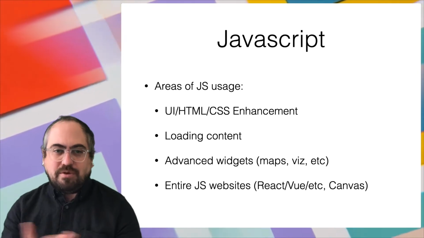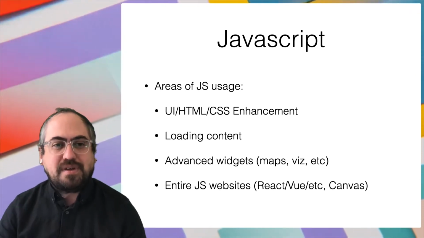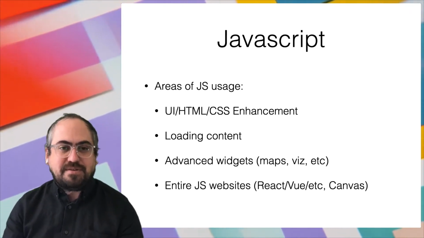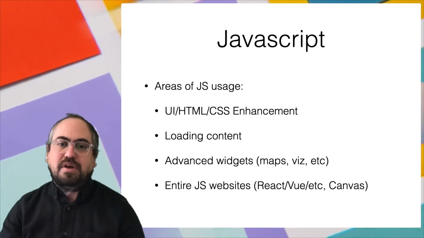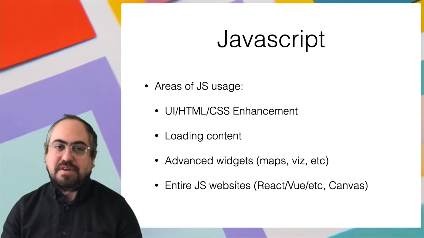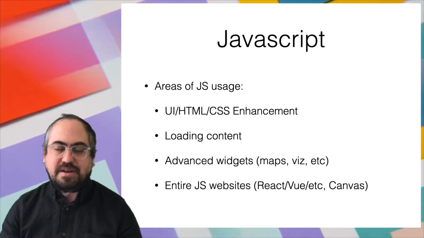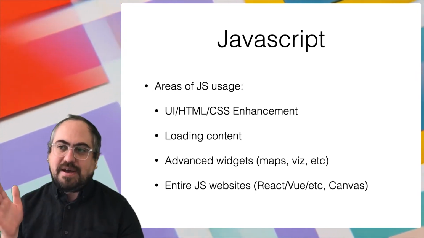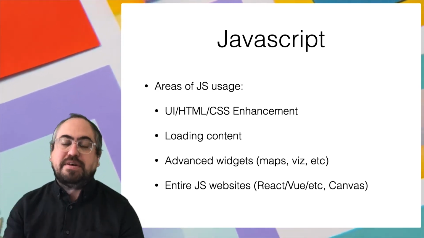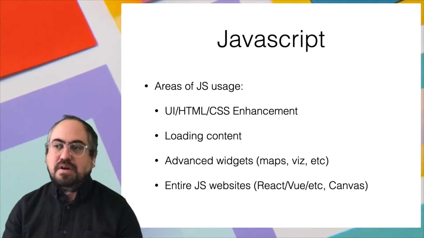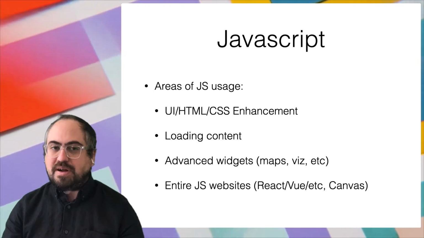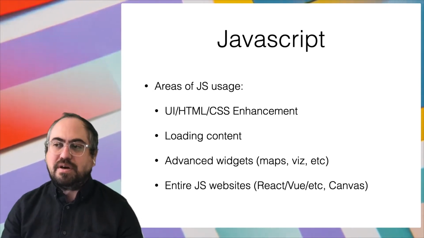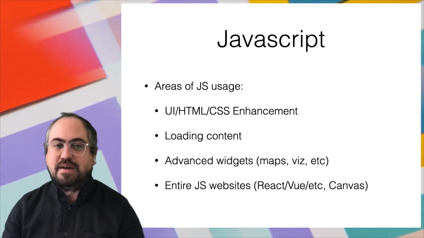Then you get into much more advanced widget-type things, like a map widget, where you can browse maps in the browser, and more complicated visualizations, D3 and stuff like that, data visualizations, etc. And then at the end of the scale, you have entire websites made out of JavaScript. This is becoming a pretty common way of developing websites using React or Vue or something like that.